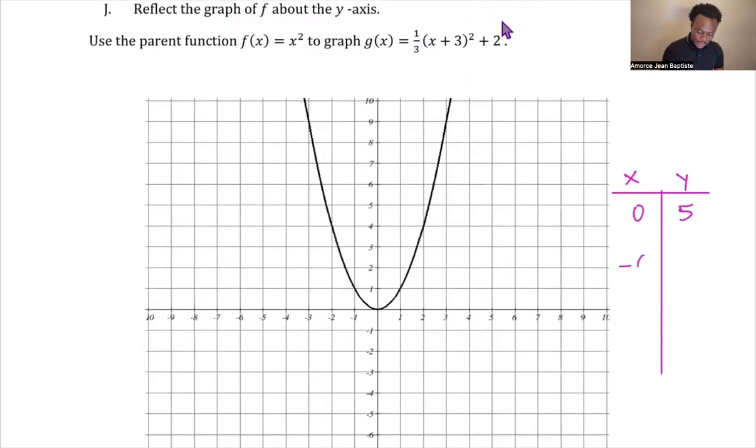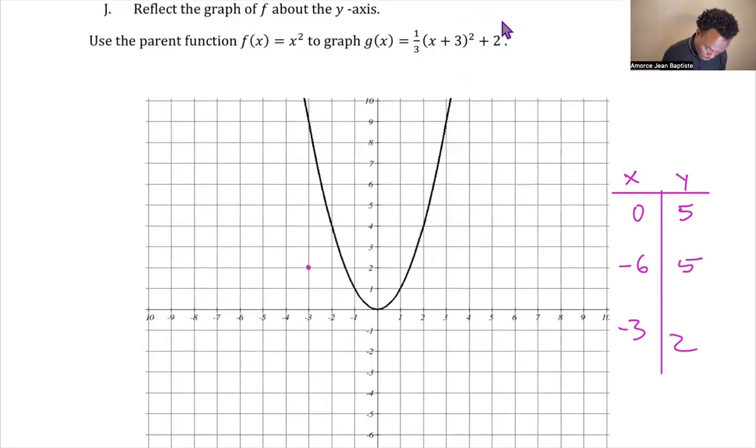For -6, we get 5. And for -3, we get 2. We're gonna try to see if we can work with those values to plot the function. X equals -3, y equals 2.